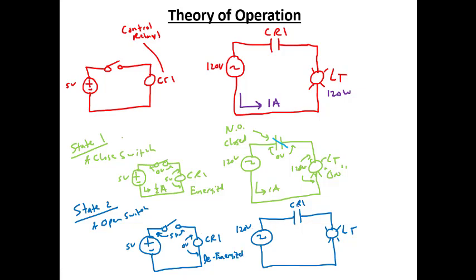Over in this circuit, this is a normally open contact, and it's in its open state. So when this is open, that means that we would have 120 volts across the contacts of the relay. And we'd get 0 volts across our light, and the light would be off. So these are the two states that our relay can operate in.